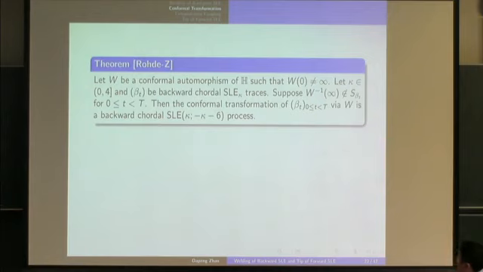Then the conformal transformation of beta_t up to T, capital T, where T is the first time that W inverse of infinity is contained in the support, via W is a backward chordal SLE kappa negative kappa minus 6 process.